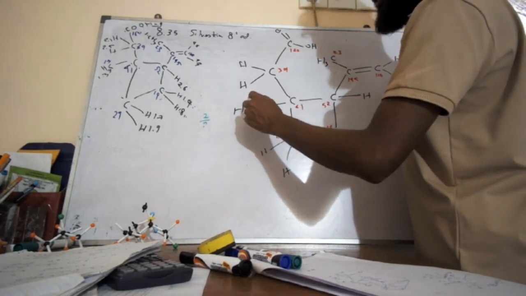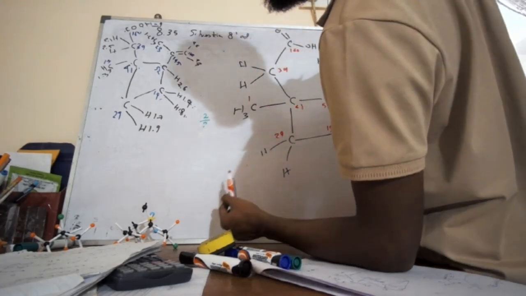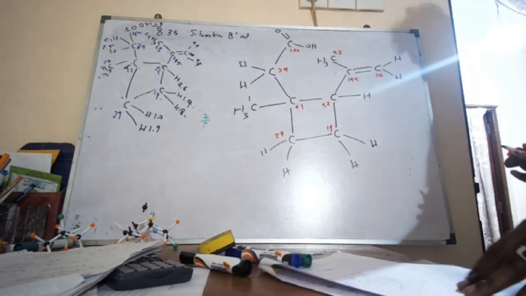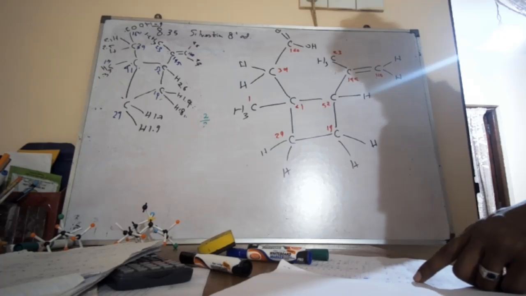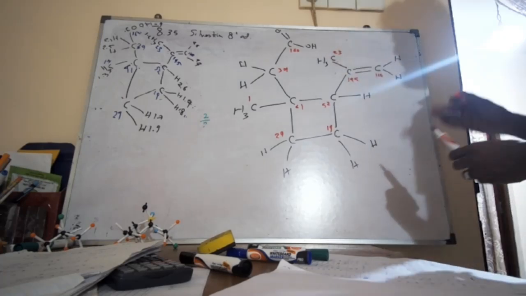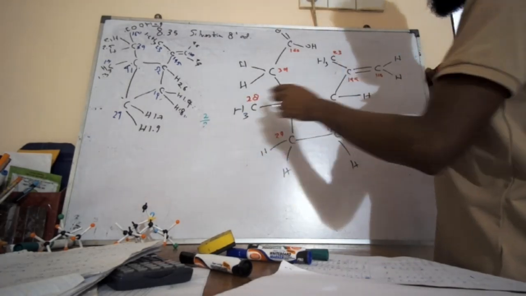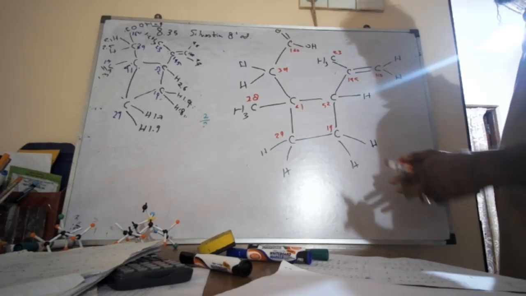This CH3 is, look at my correlations table. 1.3 is correlated to 28. This is 28, 23, this is 29. Carbon at 19 is correlated to these.